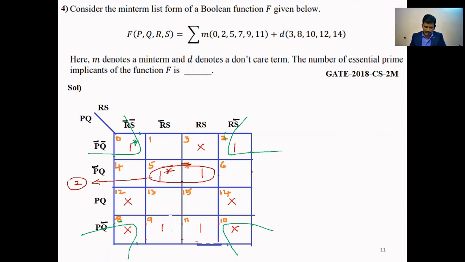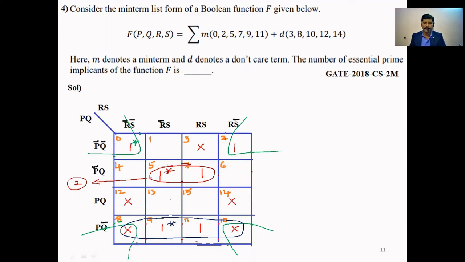Coming to cell number 9, the next minterm, try to group this one. There is 8, 9, 11, 10. One quad we can do, the only possibility, so this also becomes an essential prime implicant. This is a star.